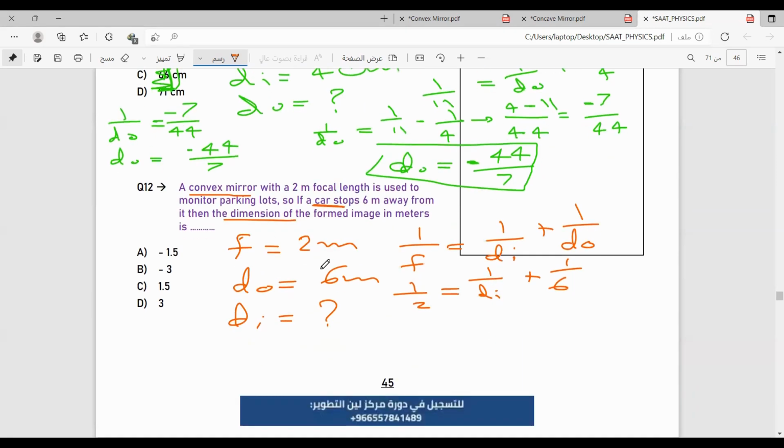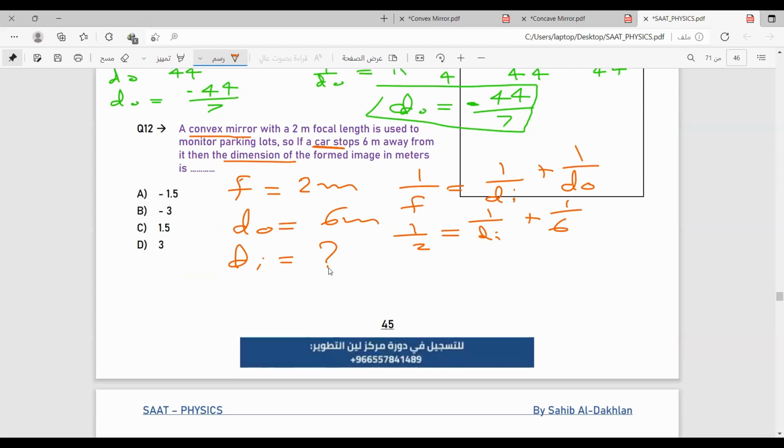Now let's keep 1 over di on one side and bring 1 over 6 to the other, so it will be 1 over 2 minus 1 over 6. Then if we make unity in the denominator, we get 3 minus 1 over 6.